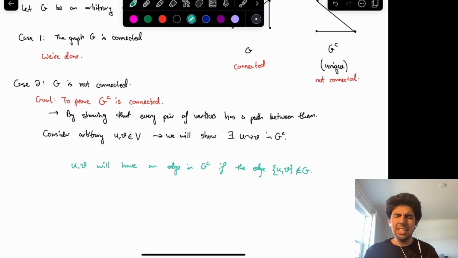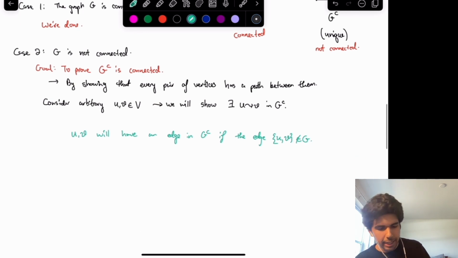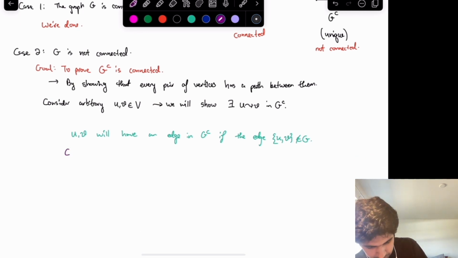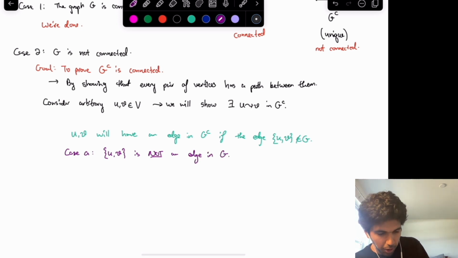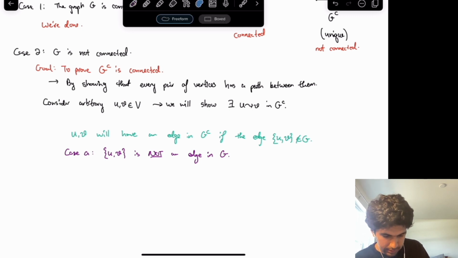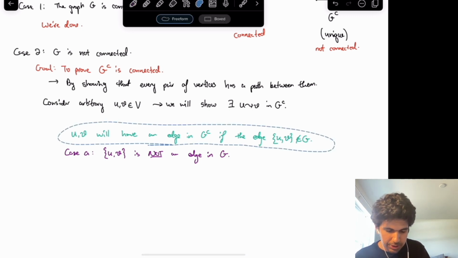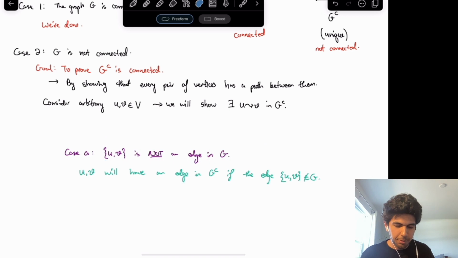Okay, well then this is kind of naturally admitting some casework. So let's consider case A, which would be that uv is not an edge in G. Well, if that's the case, then we just use the observation we made from above.